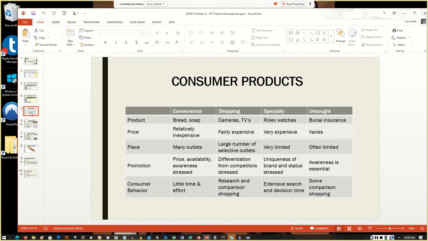When we develop a new product, it's quite a difficult task in itself because marketers need to identify a good or a service consisting of a bundle of tangible and intangible attributes that will satisfy a consumer's need. They receive money in exchange for that good or that product.